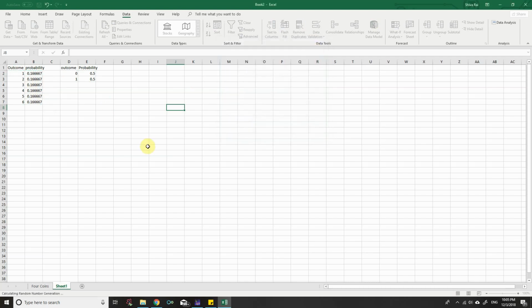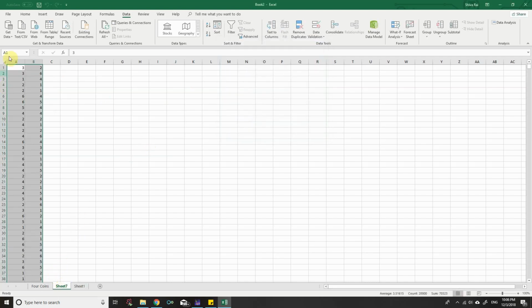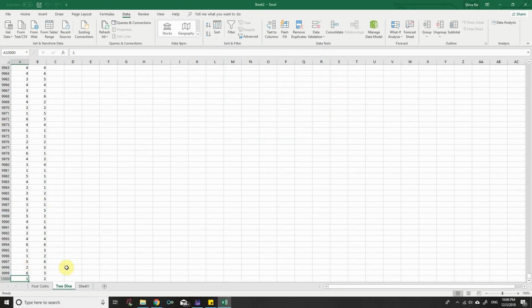Okay, click on OK. Now we shall get 2 columns of data, and this is for 2 dice. You can see that if you hold the Control key and press down arrow, then you can get all 10,000 data.